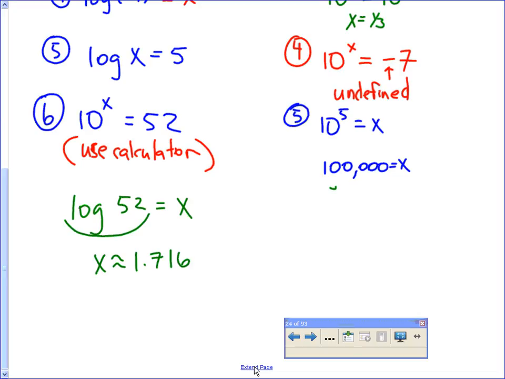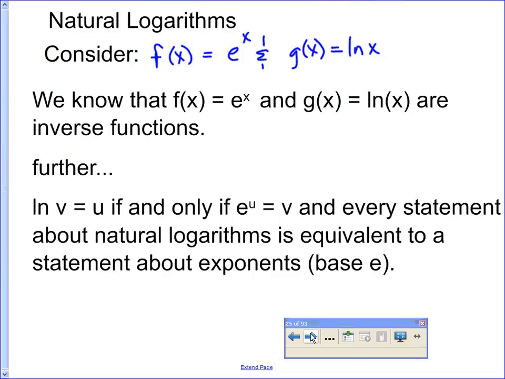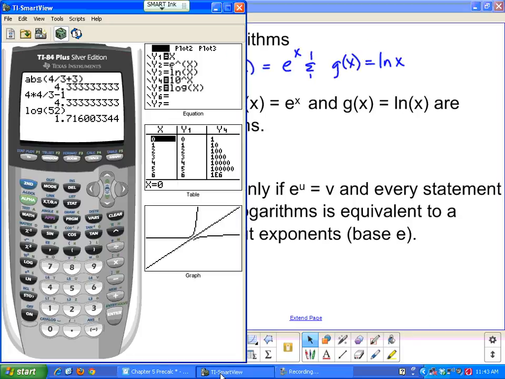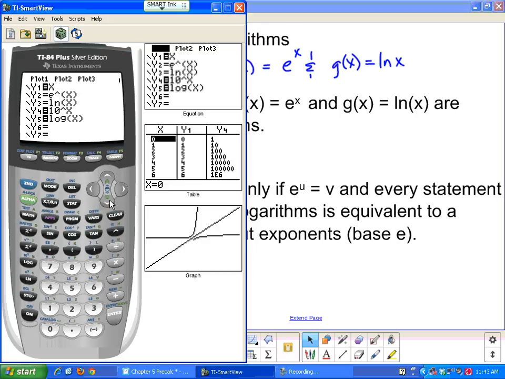That's it for those. Now let's go and look at the natural logarithms. So natural logarithms, instead of having 10 to the x, now we're going to have e to the x and the natural log of x. So again, we can look at graphs of those to understand the relationships. Here are my equations. Let's turn those on.